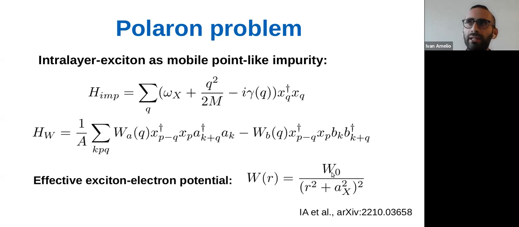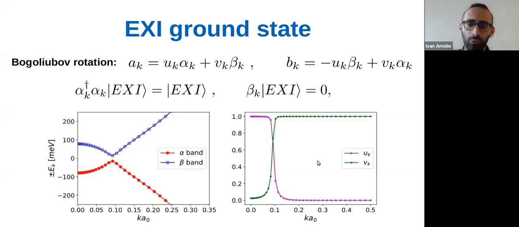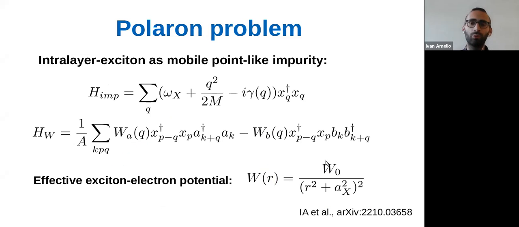That is what one would expect for a charged object interacting with a neutral polarizable object, like the exciton. And we fix W0 in order to recover a given binding energy, in this case 20 meV, which is close to what is observed in experiments.